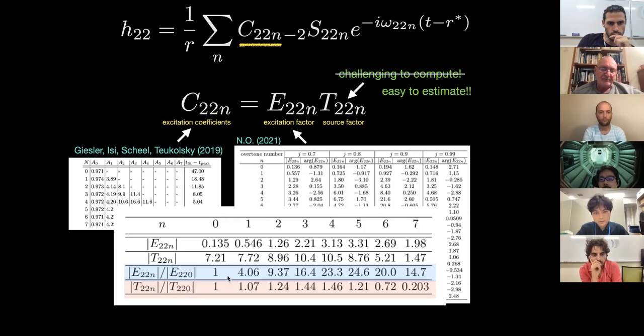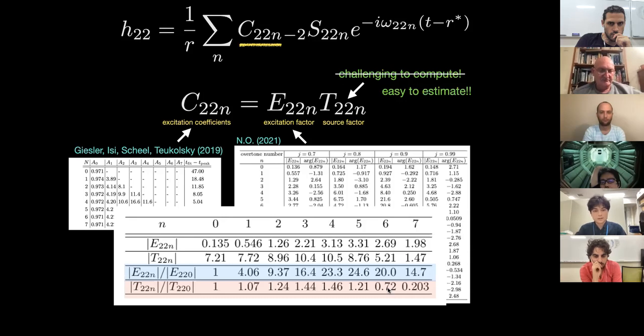Of course this is 1, but then 4, 9, 16, 23, and around 24 or 25. So it changes by a factor of 25 or so at most. But in the last line, the source factor, it's just 1, 1, 1.2, 1.4, 1.4, something like that. So almost of order unity.